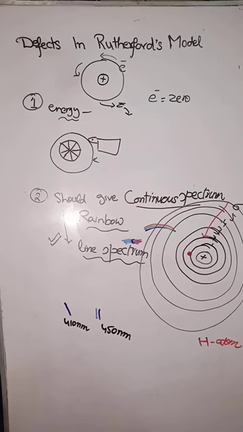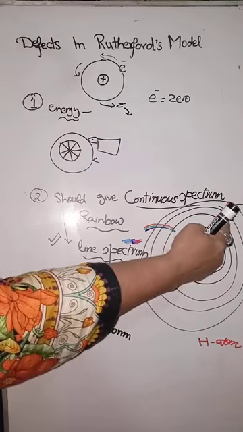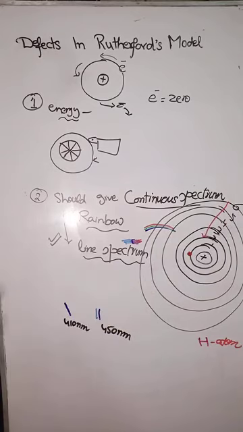Now, when an electron jumps from the fourth orbit to the second orbit, again it emits energy.